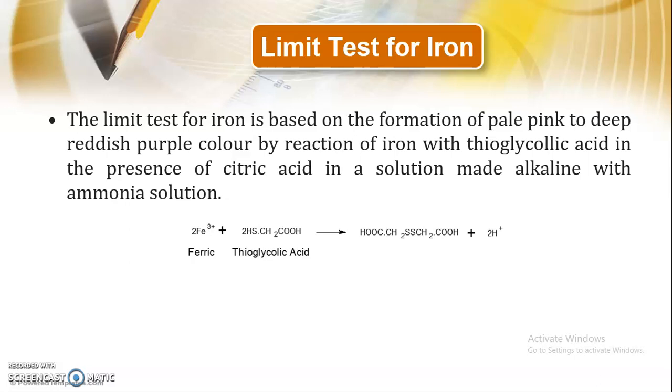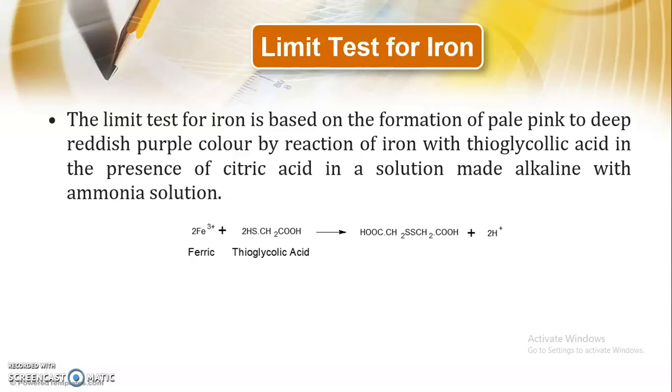Initially, whatever the form of the iron, the ferric form is first reduced to the ferrous. That is the importance of thioglycolic acid, because it is capable of reacting with the ferric form as well as the ferrous.